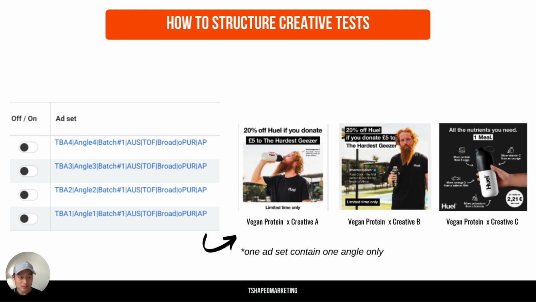I have the same creative here and the same for this one. But the clear differentiation is I have creative A, creative B, and creative C. And I will do the same for angle 2, 3, and 4. Same creatives, but for angle 2, I will talk about the cost effectiveness of the product, with the same creative.